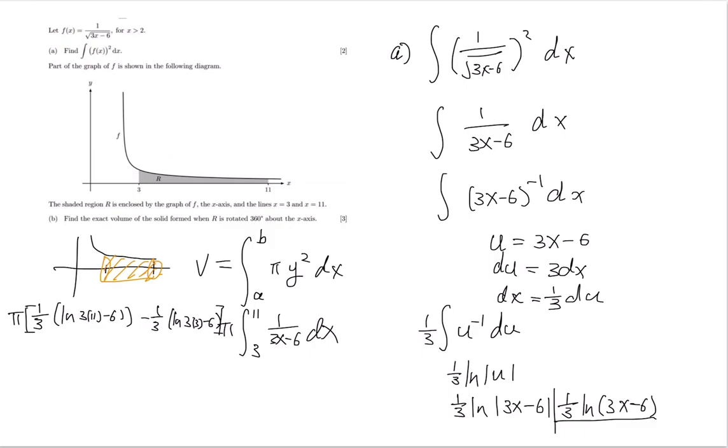So therefore that would just equal V equals pi over 3 ln 27 minus pi over 3 ln 3.